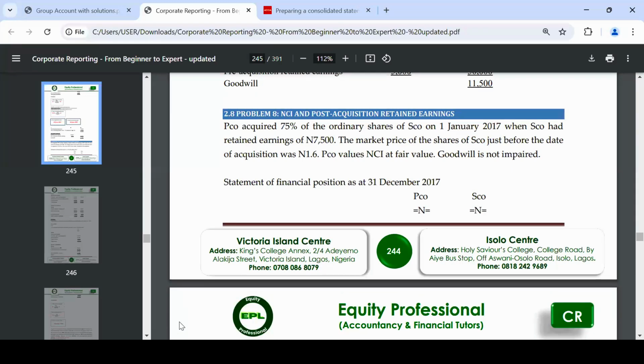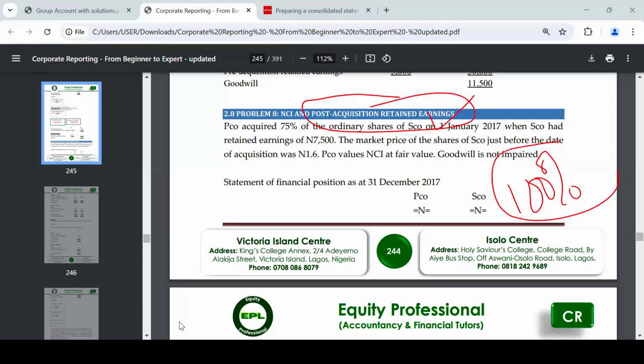It is because the parent company should only have access to sharing in the post-acquisition retained earnings of the subsidiary.